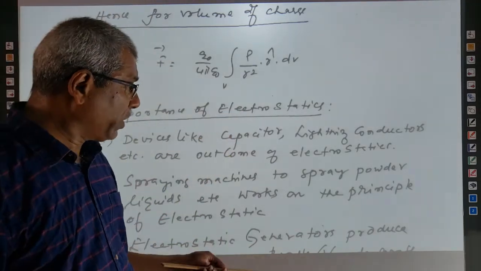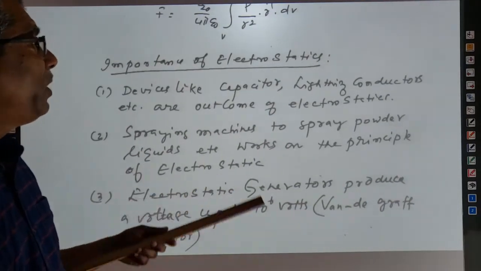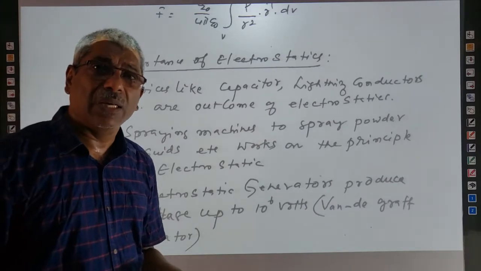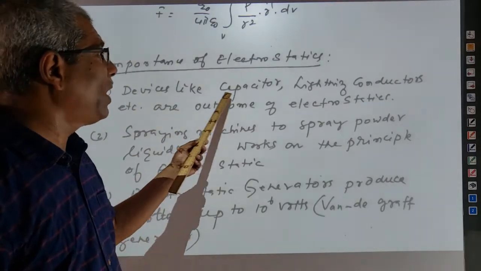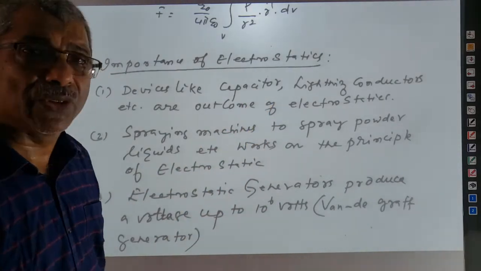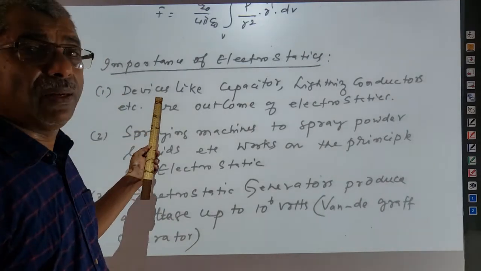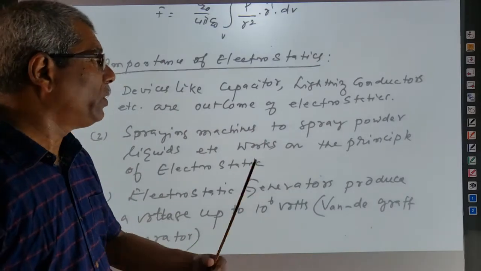Now I am going to tell you the importance, why we take so much interest in studying electrostatics. The study of electrostatics is very important because devices like capacitors, which I have explained earlier, since we started the lesson from the middle, no problem. Now we are going with the beginning lessons, then we will be able to correlate things.